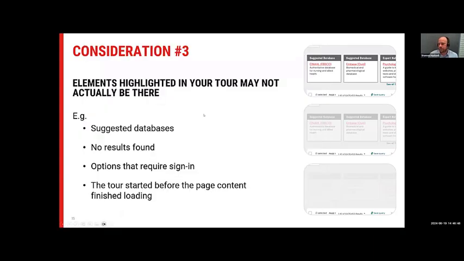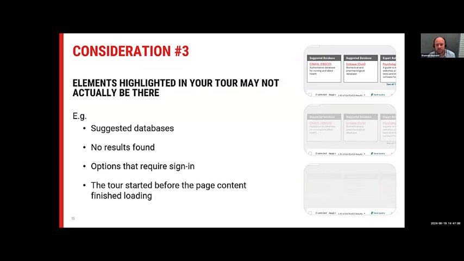So how do you combat this one? You could add some JavaScript logic to check what's on that page and adjust your tour accordingly. You could even skip steps depending on what elements are and aren't there. But I wouldn't actually recommend skipping steps.